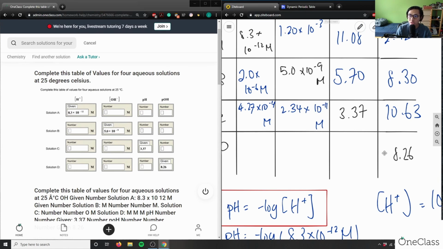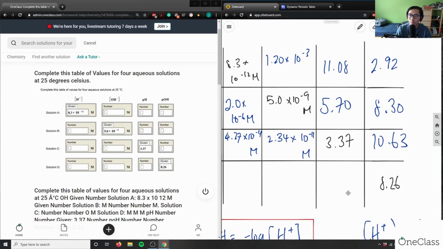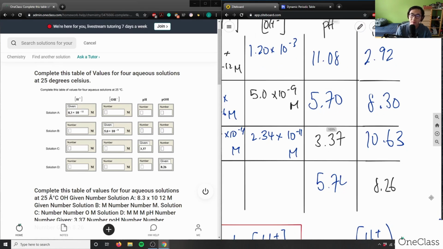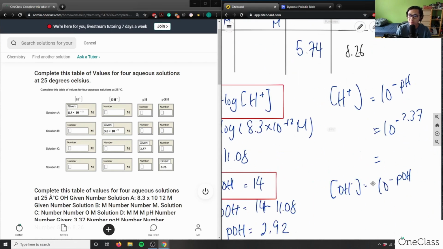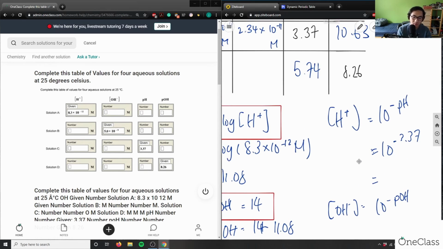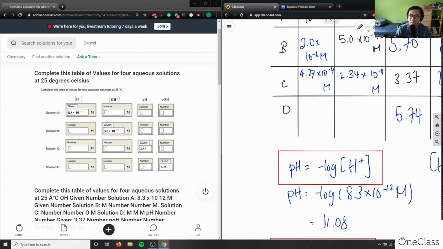And then finally for solution D, I'm doing the exact same thing. 14 minus the pOH would give me my pH. So 14 minus 8.26 would give me 5.74. And then I'm simply redoing these formulas here. H plus equals 10 to the power of negative pH. So 10 to the power of negative 5.74 would get me my answer, which is 1.82 times 10 to the negative 6 molars.